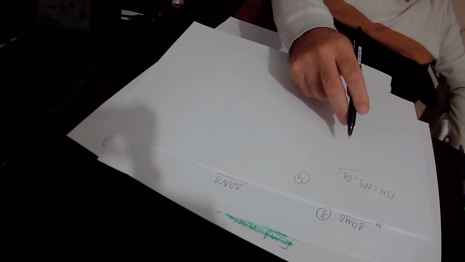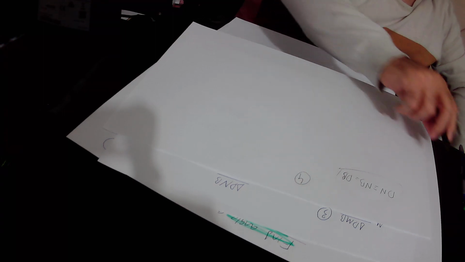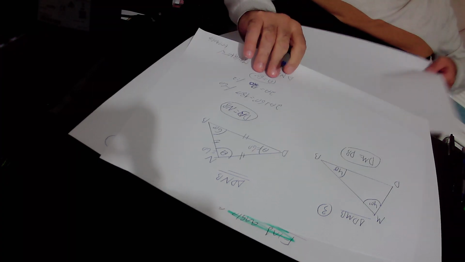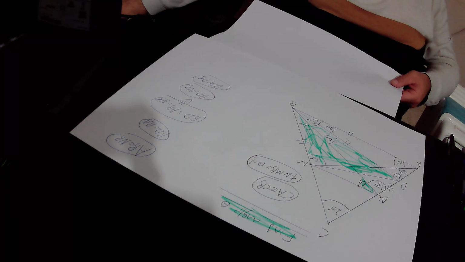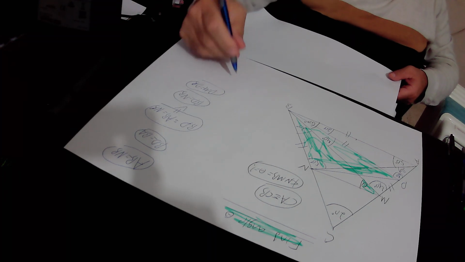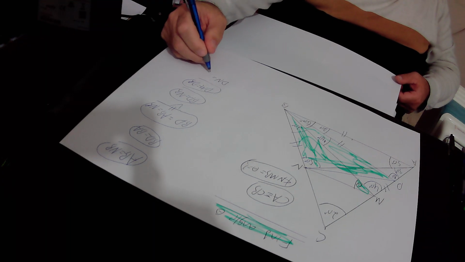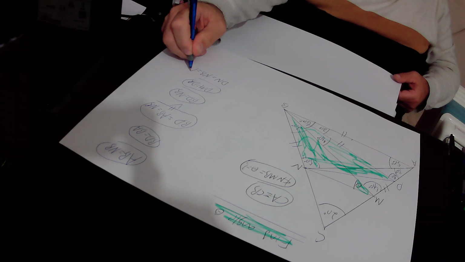Repeat again, in triangle DNB, DN equals NB equals DB. So I'll write it down here. DN equals NB equals DB.